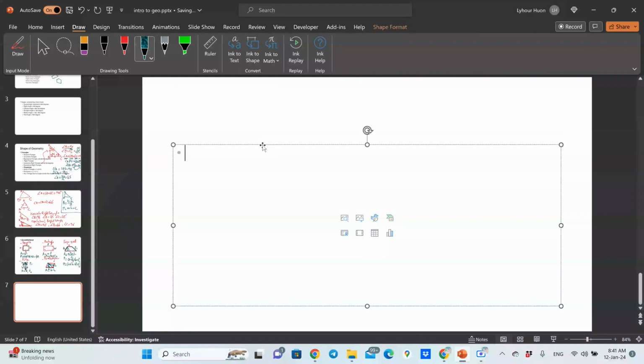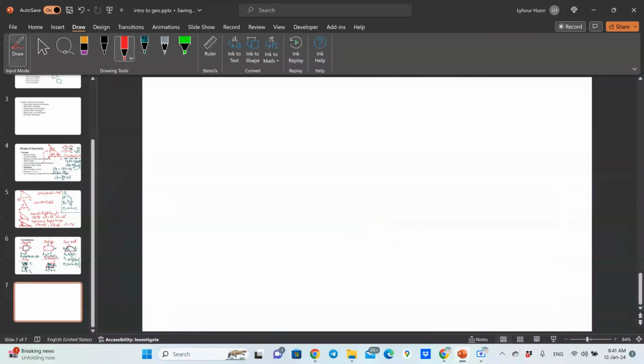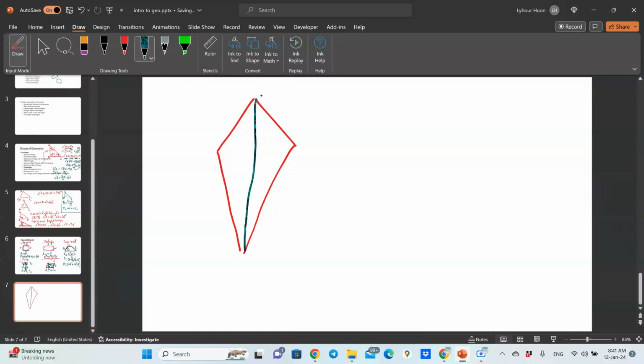Okay, so we know that a kite has a shape like this, and it has diagonals. The property of a kite is that its diagonals are perpendicular.